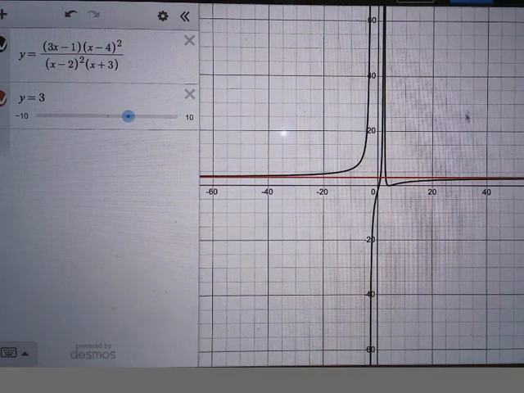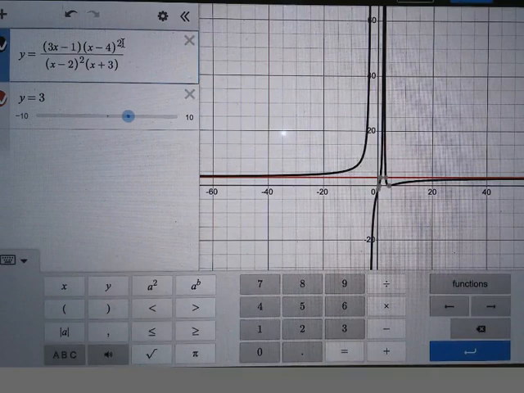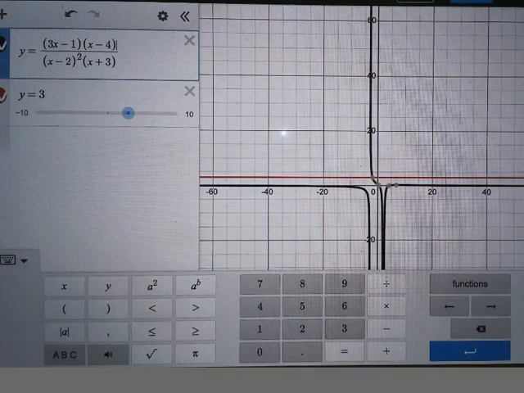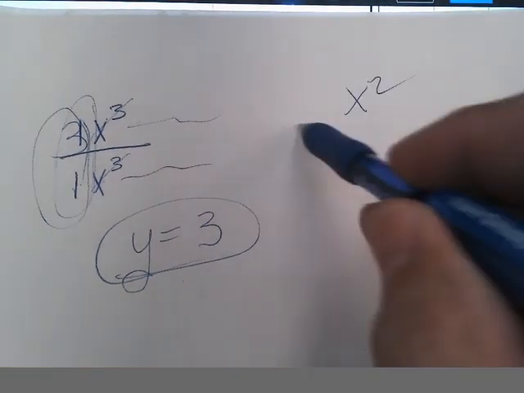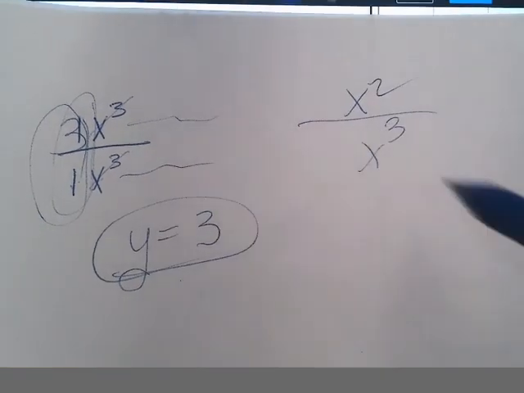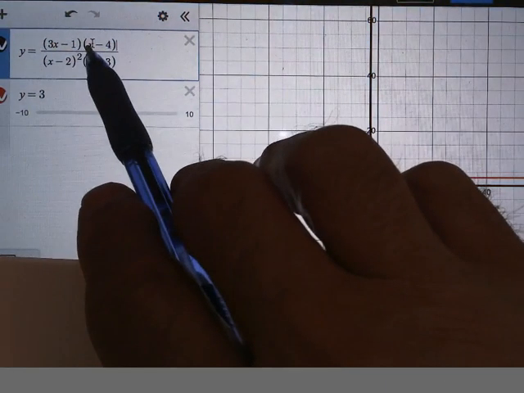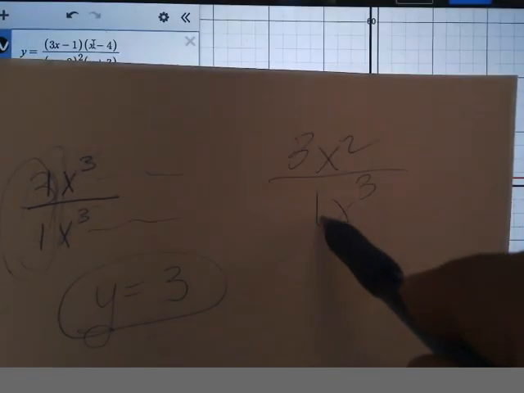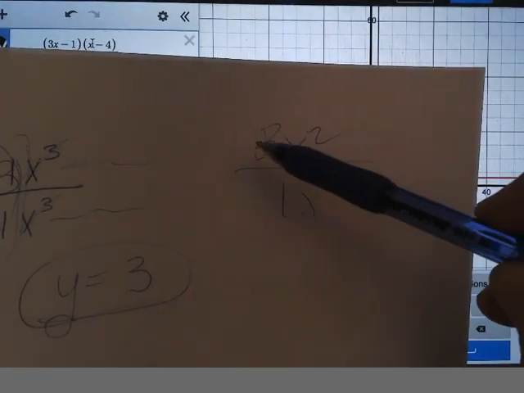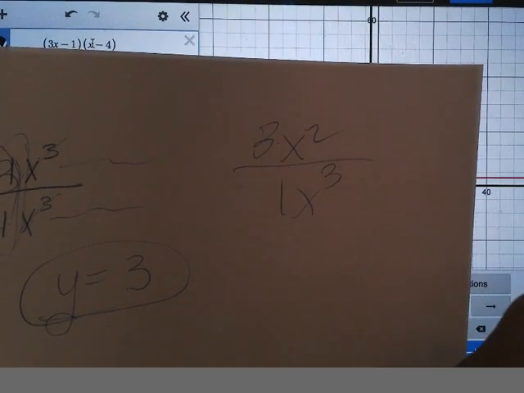If the degree of the numerator is less than the denominator, so I'm going to take the 2 out. Now the degree of the numerator is 2. The degree of the denominator is x to the third, and even though this would be 3x squared, and this is 1x to the third, it doesn't matter what these numbers are now.